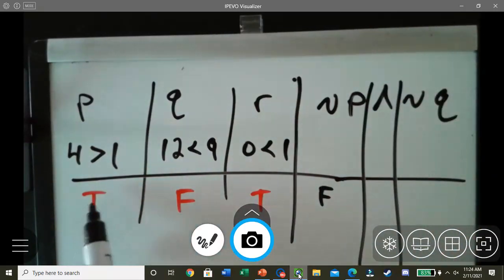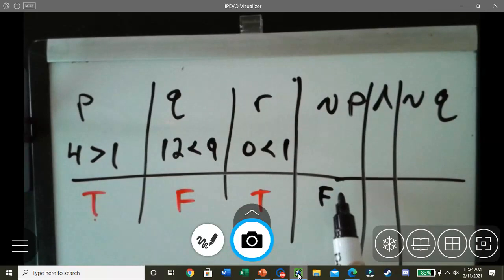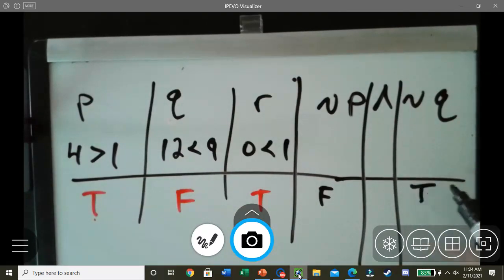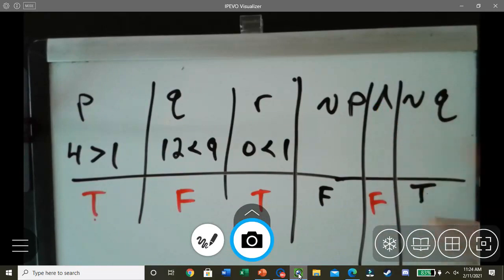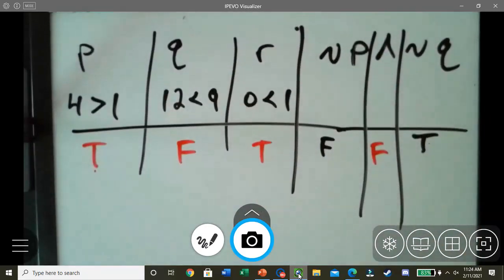If Q is false, then not Q is true. So false and true would be true or false? False, because they both have to be true in order for "and" to be true. So that one's false. All right.